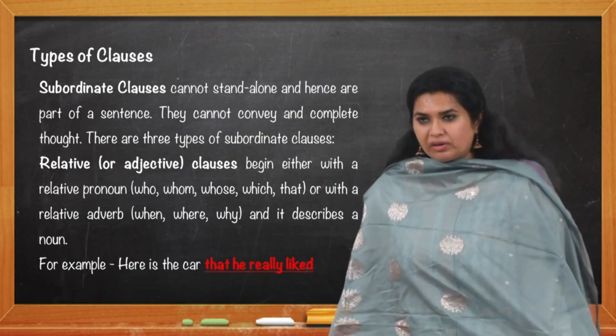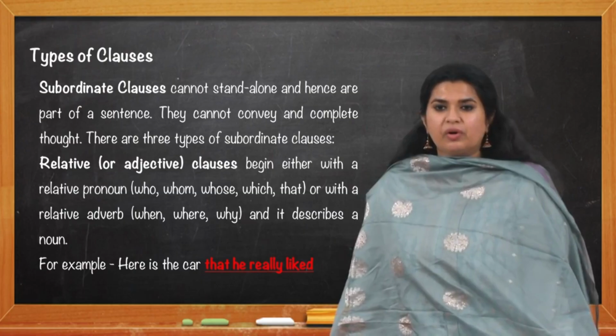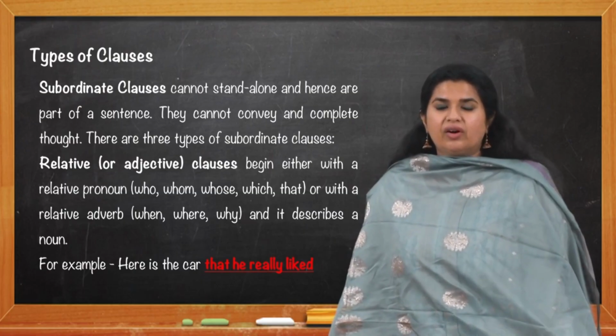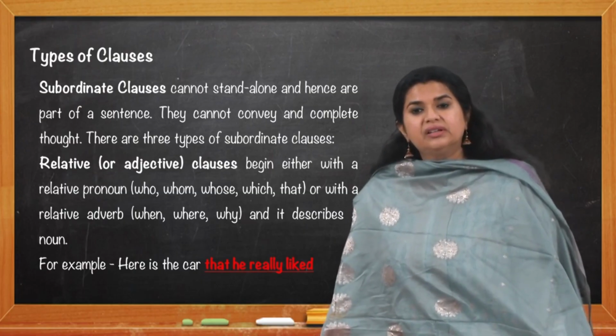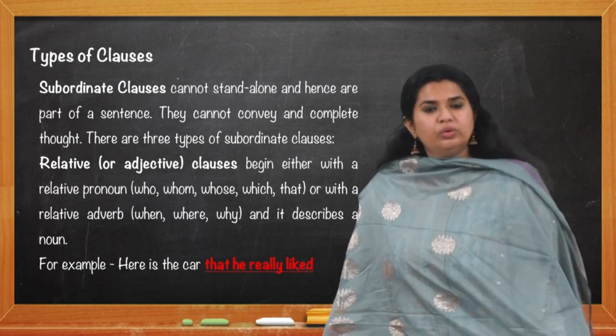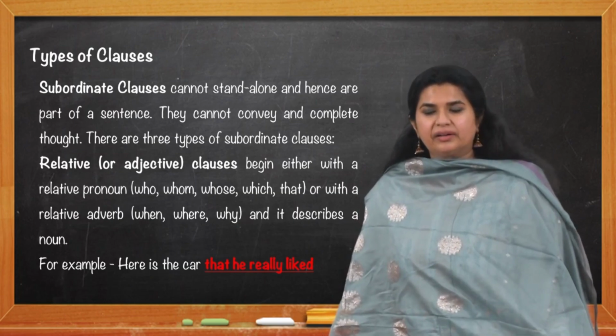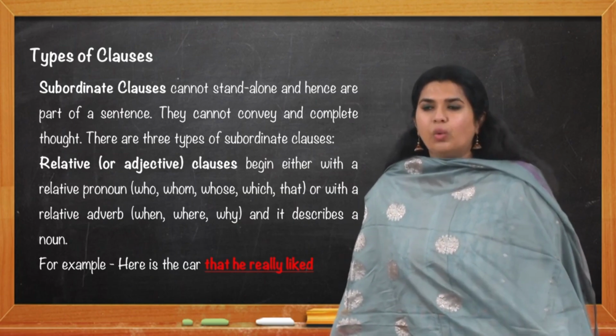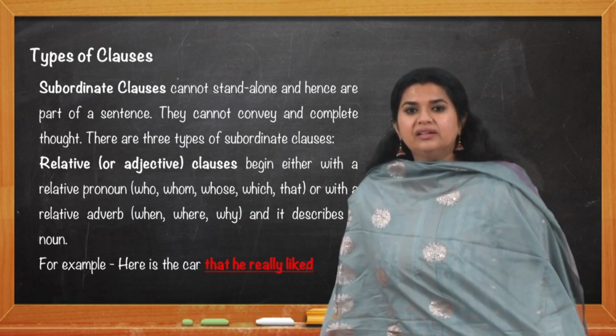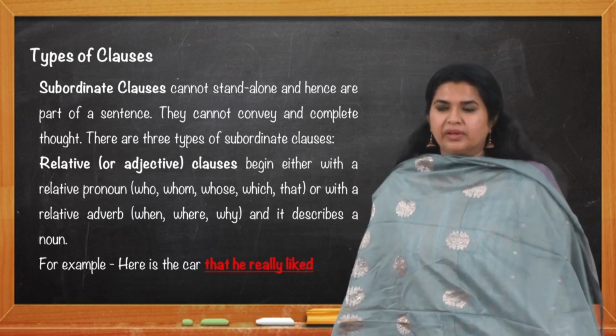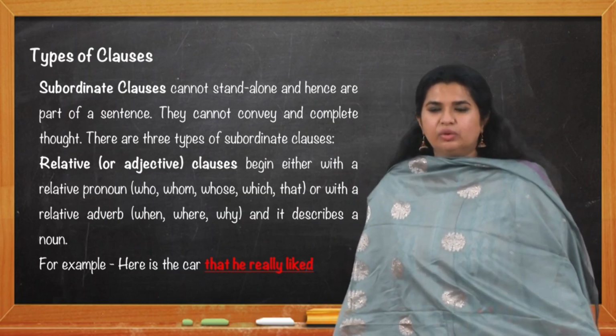As I already mentioned, there are three types of subordinate clauses. Relative or adjectival clauses begin with a relative pronoun: who, whom, whose, which, that. Remember these words, these are relative pronouns. They indicate towards something.